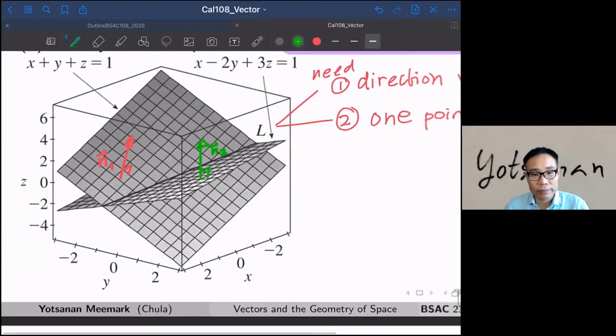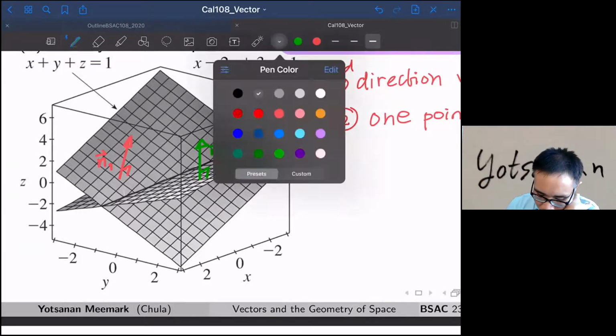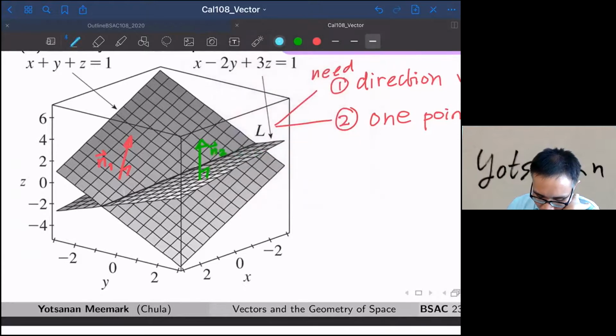You see that you need the vector that is going to become our direction vector. And our direction vector is the blue vector here.